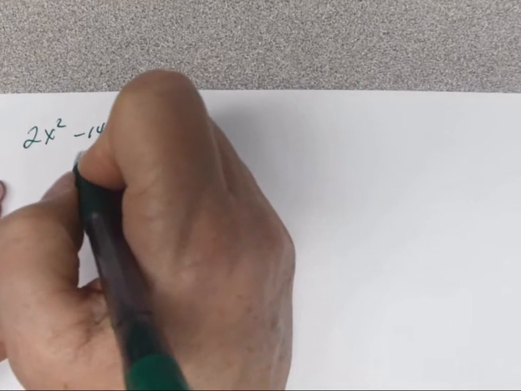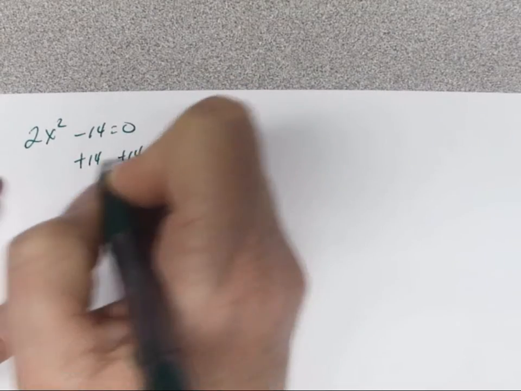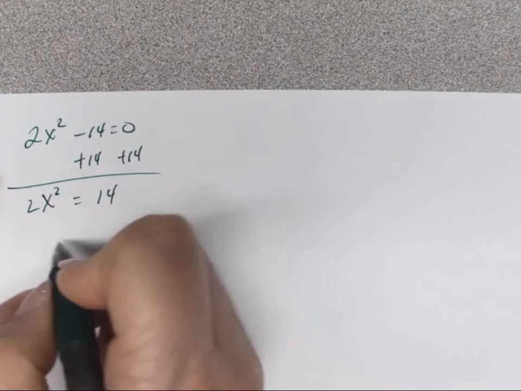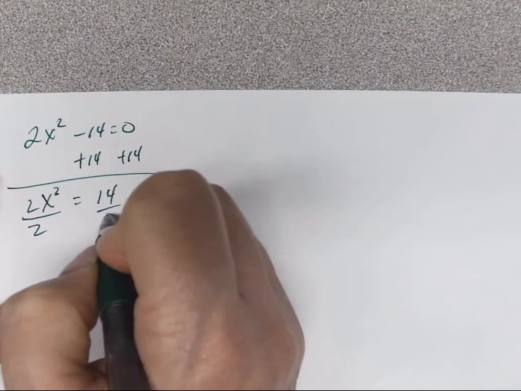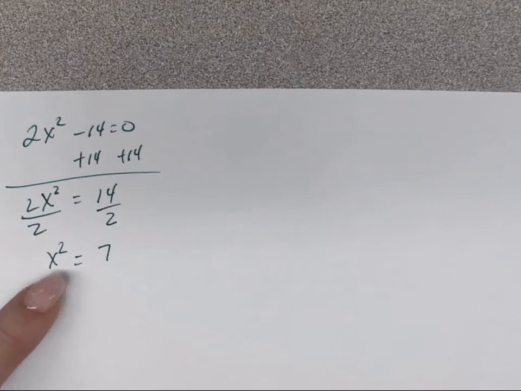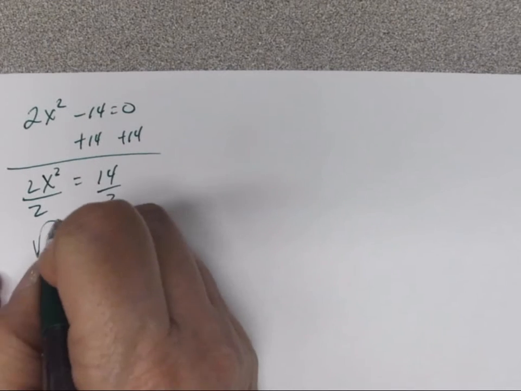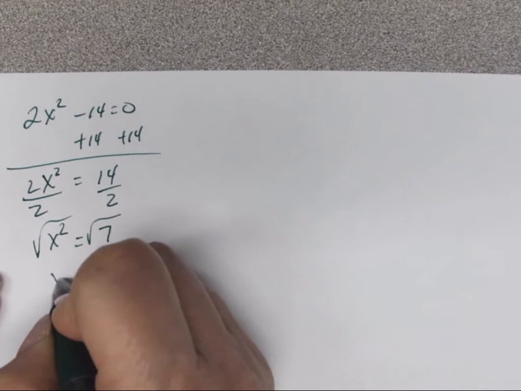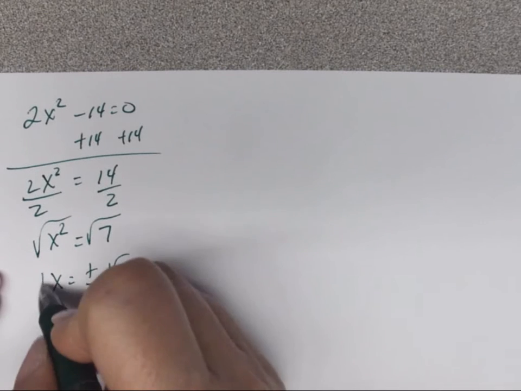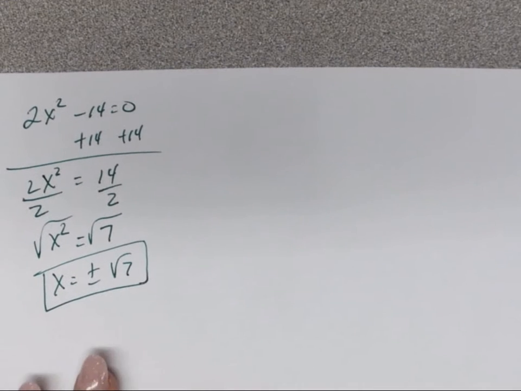So what we're going to do is add the 14 over and get 2x squared is equal to 14, divide by the 2, and get x squared equal to 7. Now that we have the x squared, we can take the square root property and get x is equal to plus or minus the square root of 7. Square root of 7 isn't going to break down. That's all it's going to be. So we will just have to leave it as it is.